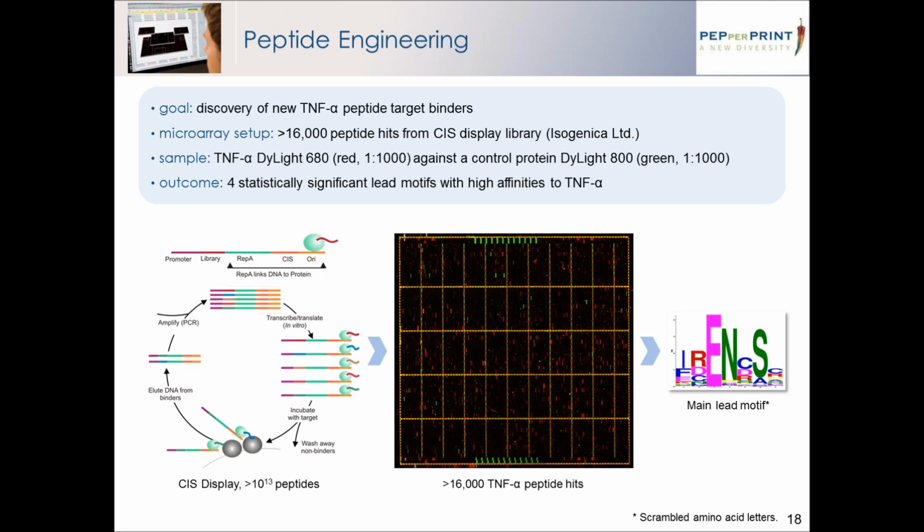We then printed these 16,000 peptide hits on our large-scale arrays in triplicates, and we hybridized the array with TNF-alpha. 4 significant consensus motifs could be identified, and in a permutation scan of the main lead motif, we could also identify the amino acids that are most important for TNF-alpha binding. And currently, the peptides are being tested in in vitro and in vivo assays.